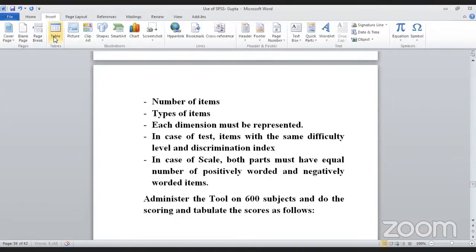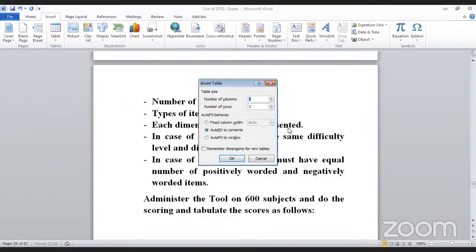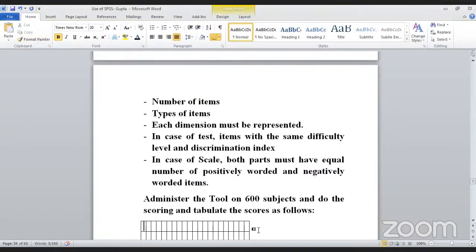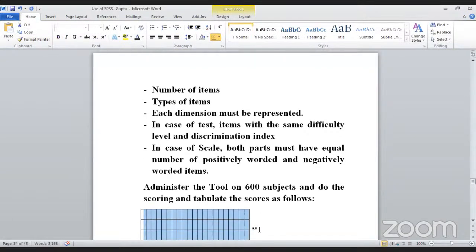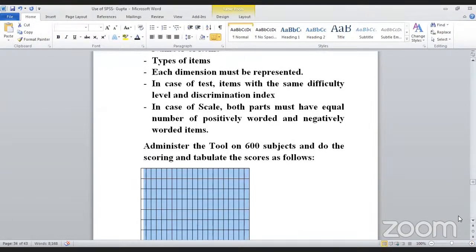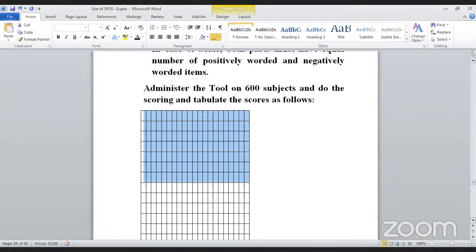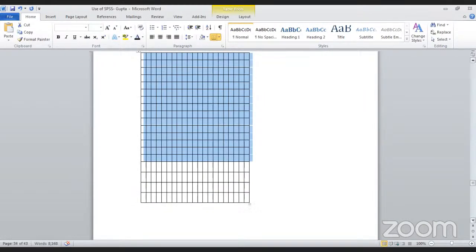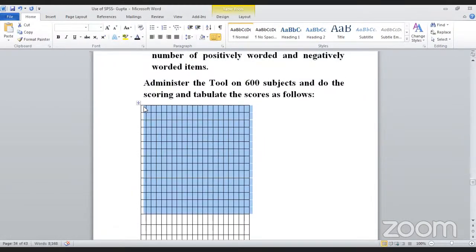Now, here I'm inserting a table. Here is your serial number.